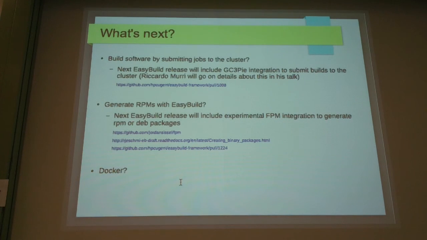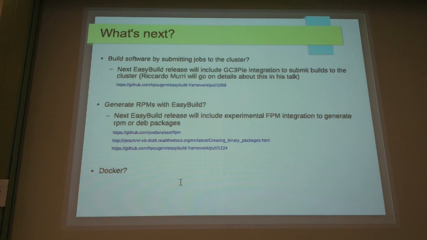Also, we are exploring the possibility of generating RPMs with EasyBuild, because the next EasyBuild release will also include FPM integration to generate RPM packages. We are also thinking about the possibility of using Docker.